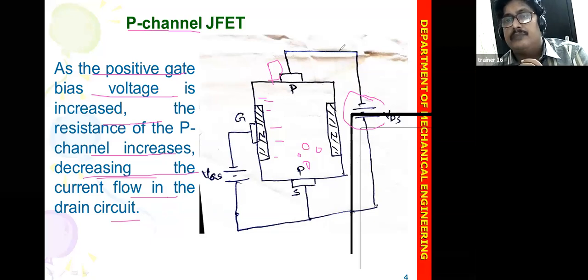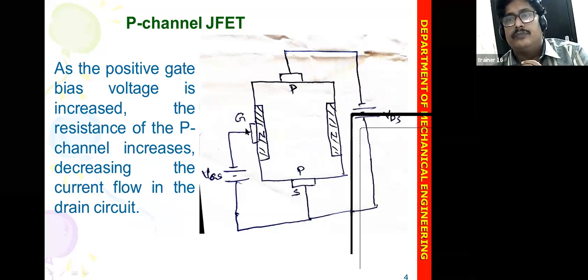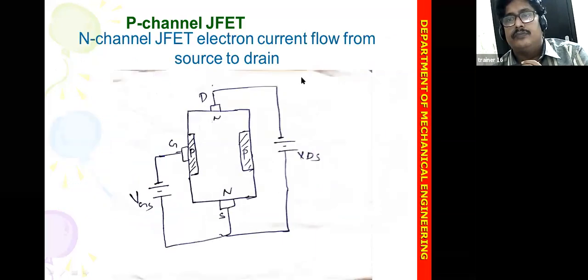Similarly, if you go for the next one, this is the N-channel JFET. The body is N-channel, that is N-type semiconductor, right? See here, this is N-type, and the gate is P-type. That means if you increase the VGS voltage, the negative charges increase on the N side.